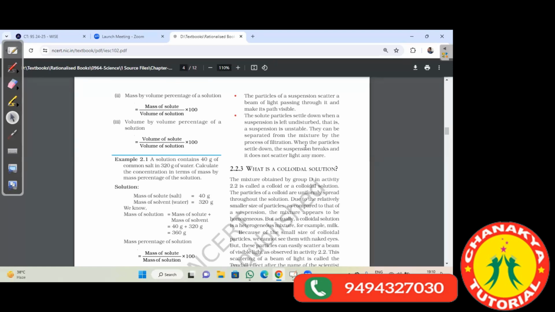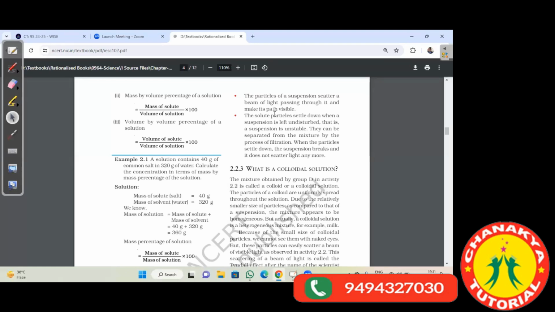Now, when the particles settle down, the suspension breaks and it does not scatter light anymore. About the scattering of light: when the solute particles in the suspension are distributed, they will perform scattering of light.